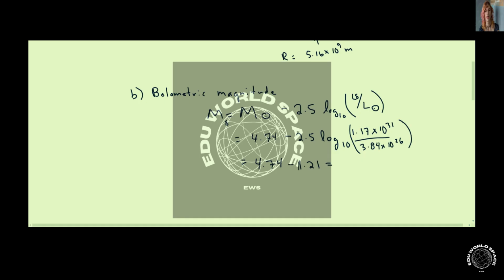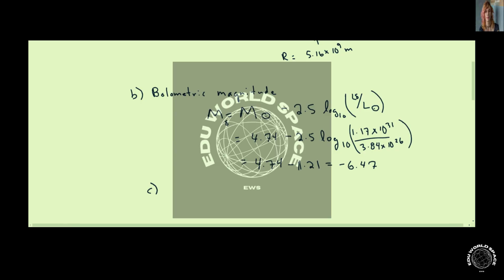And the star has a negative absolute magnitude, and that means, yes, it is much more powerful than our sun. So remember that negative means bright, lots of energy, if it's absolute magnitude.